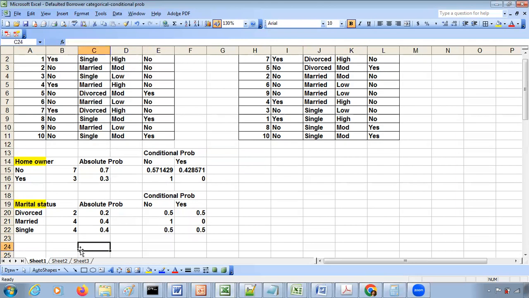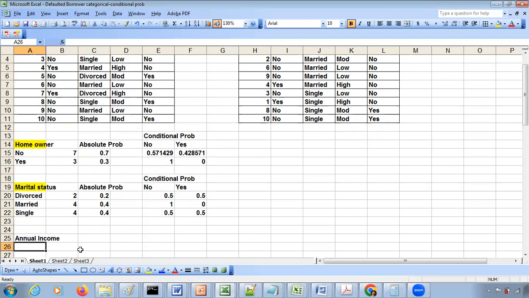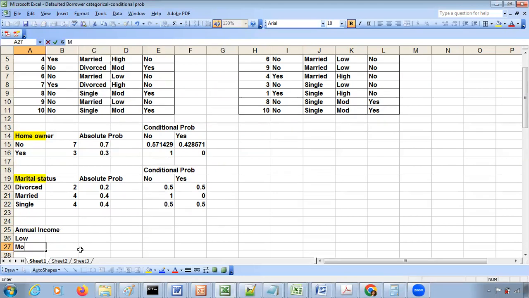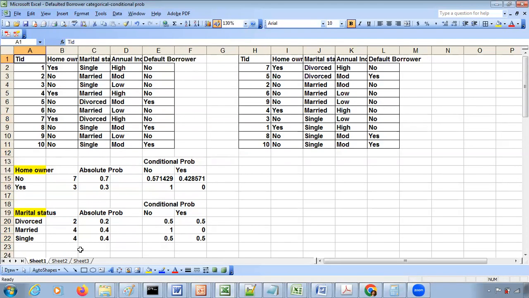So now we'll do it for annual income. So we have low, moderate, and high, we know that. And let's sort based on that.